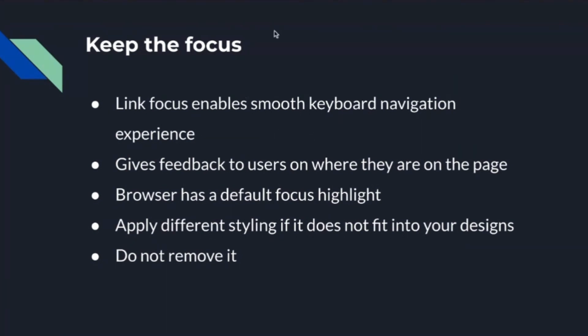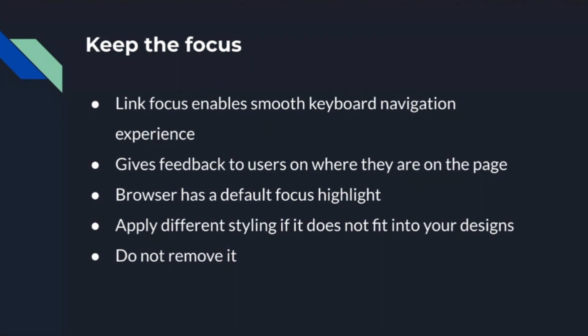But if you're using a mouse and then you hover on top of a link, it gives it a different styling. So users who are using a mouse, they don't struggle. But if I now start to tab through and maybe I don't have my mouse or something of the sort, I won't be able to know where I am because the focus is not there. So I won't be able to know exactly which part of the page I'm in.